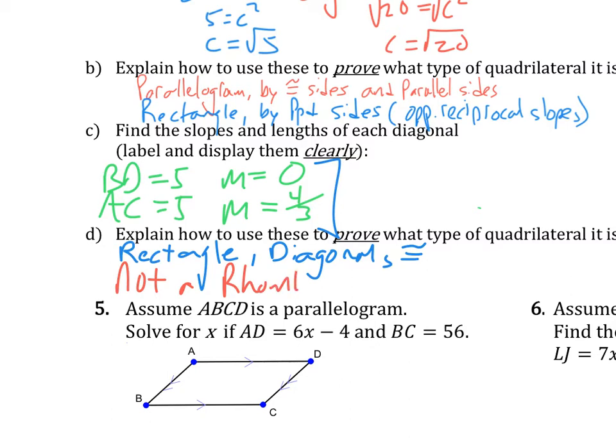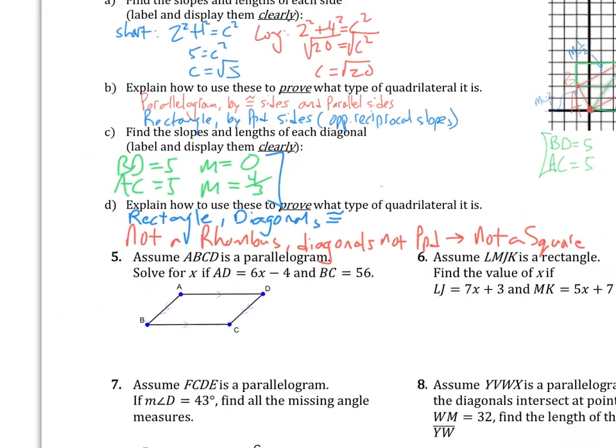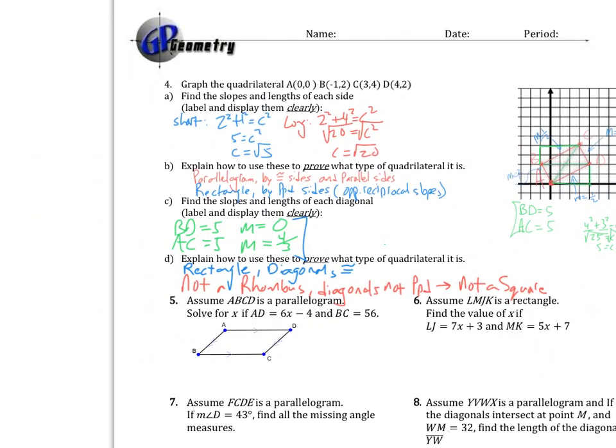If they were perpendicular, those would be opposite reciprocals. Okay, since it's not a rhombus, it's also not a square. It's got to be a rhombus first to be a square. Okay, and we can also say it's not a square because the sides are not congruent. We found the sides up here. The sides were square root of 20 and square root of 5 and so on.